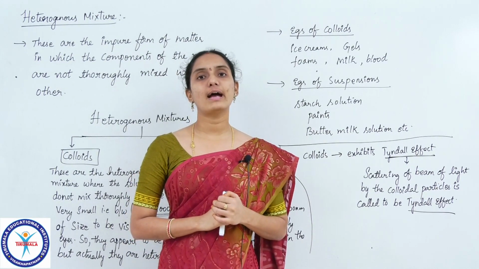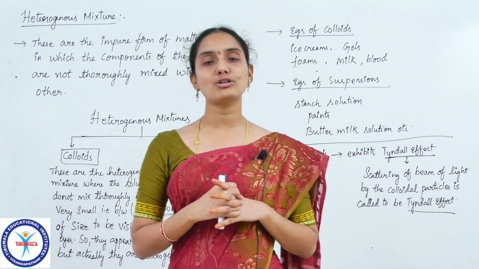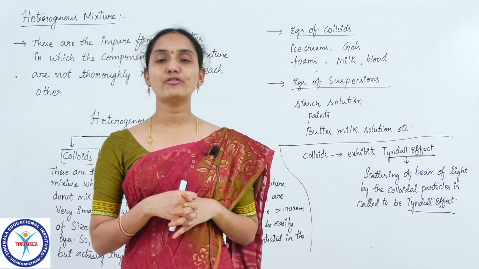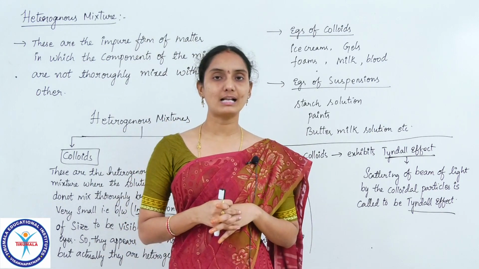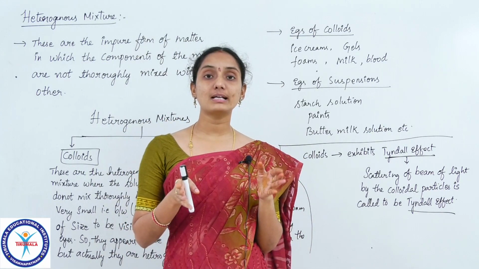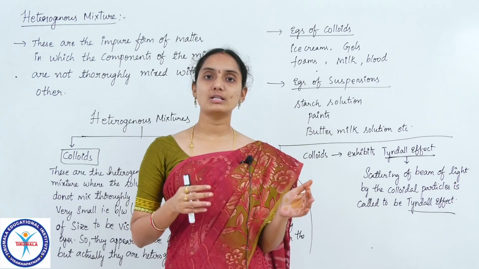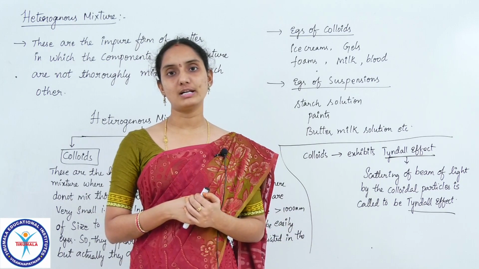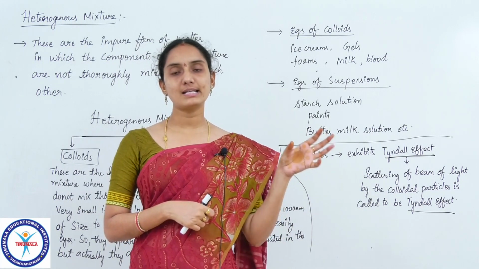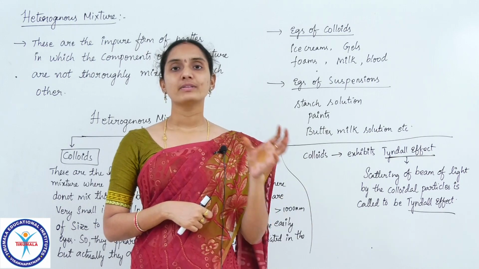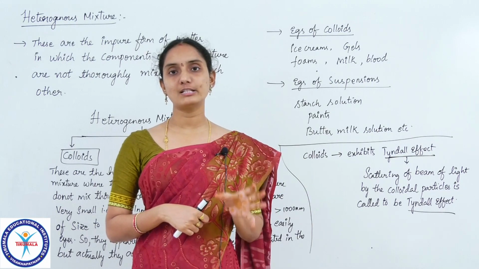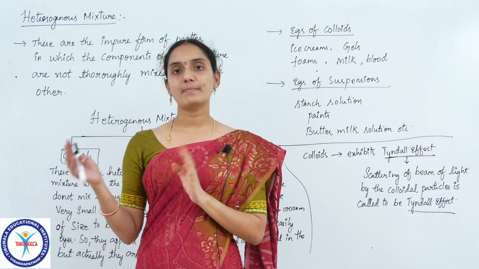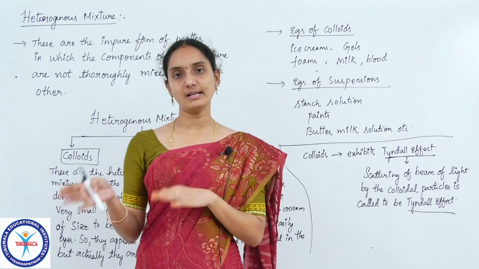So with this we have completed the chemical classification of matter entirely; in our last 3-4 sessions we have been discussing the chemical classification of matter. How is matter chemically classified, children? Into pure substances and impure substances. Pure substances we have already studied, children: elements and their categories as metals, non-metals and metalloids, and compounds and their categories as acids, bases and salts. On the other hand, impure substances or mixtures are categorized as homogeneous and heterogeneous.